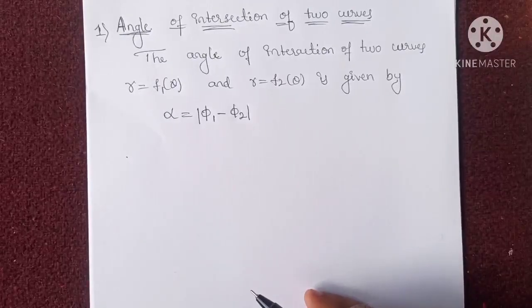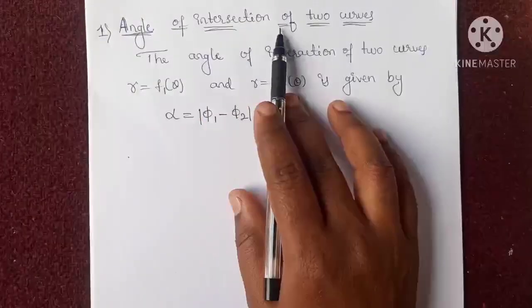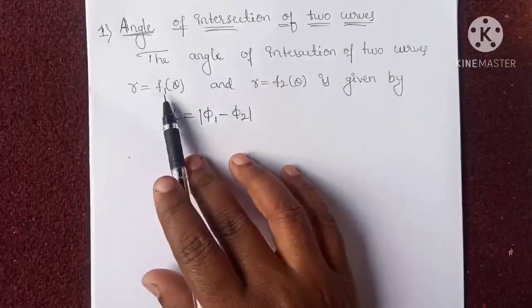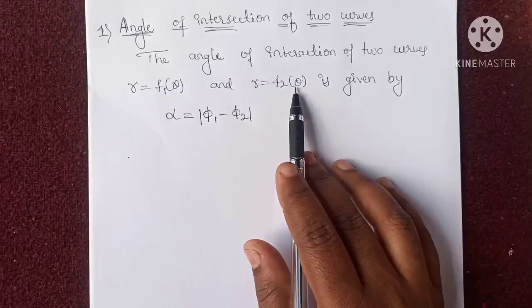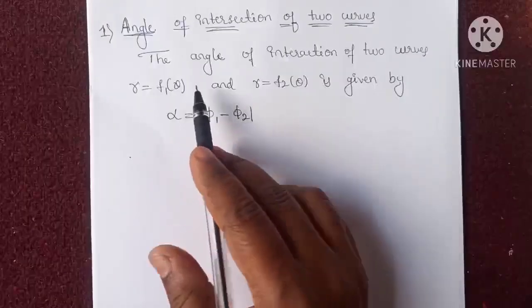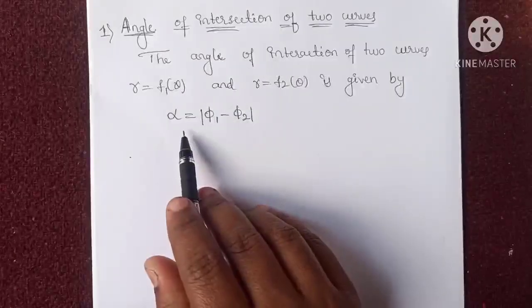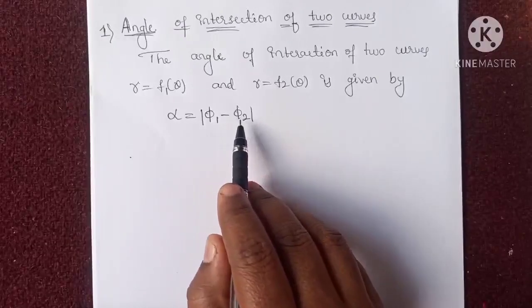So the next section is angle between two curves, or angle of intersection of two curves. Let r equals f1 of theta and r equals f2 of theta be the given two curves. Then the angle between the two curves, or angle of intersection, is given by alpha equals mod of phi 1 minus phi 2.